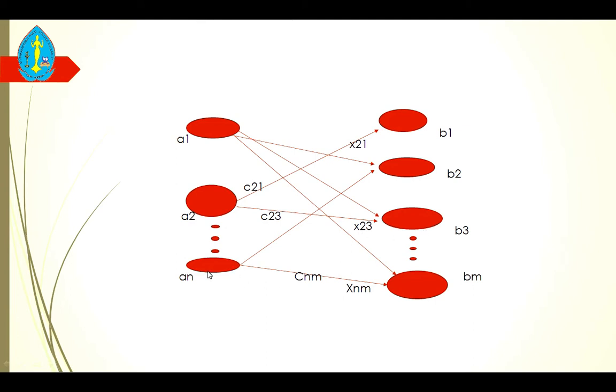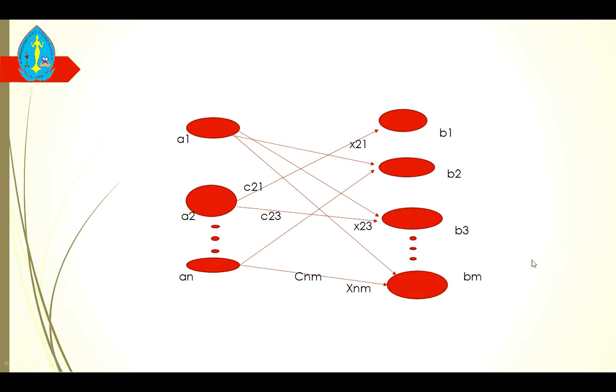Source An to destination B2 is denoted by Cn2 and the amount shipped from An to B2 is Xn2. Here An to Bm, the amount shipped is Xnm and the transportation cost per unit is Cnm.